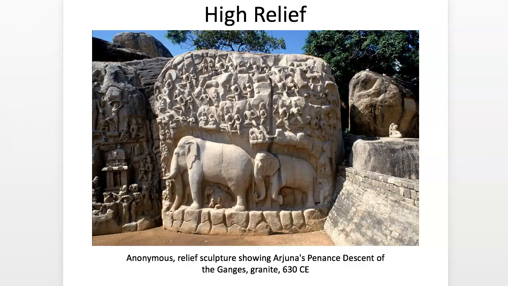And so it's more of a spiritual, religious type of work. And high relief projects far enough to be almost independent. That's what I'm talking about when I say undercuts. So it gets close to being fully in the round, but it's still not fully in the round. It's still attached to the background.